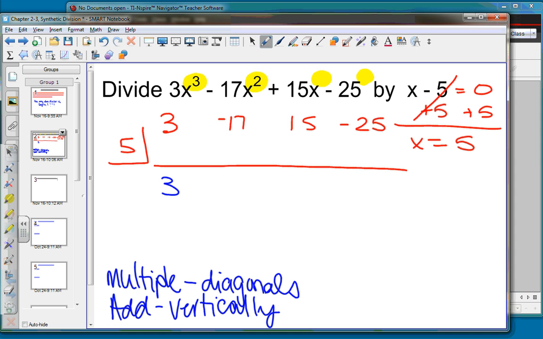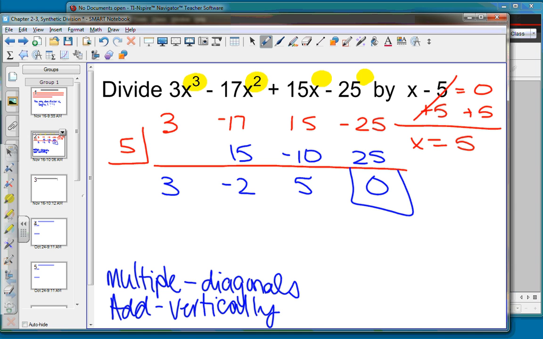So, what do I do in the diagonal? 5 times 3 is 15. What do I do vertically? Add to give you negative 2. What do I do diagonally? Multiply. 5 times negative 2 is negative 10. What do I do vertically? Add. 15 minus 10 is 5. What do I do diagonally? To give you 25. And what do I do vertically? Add.